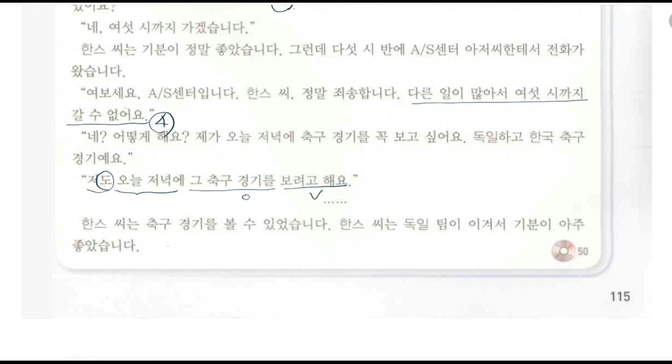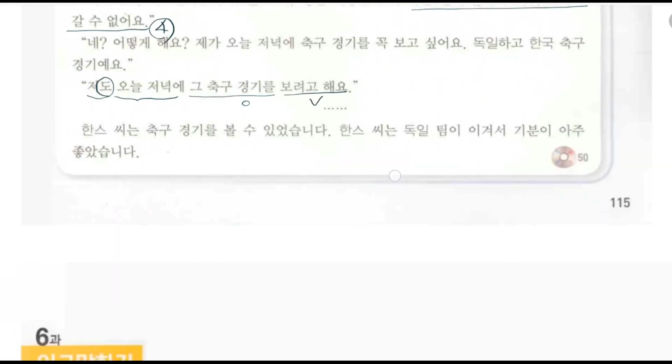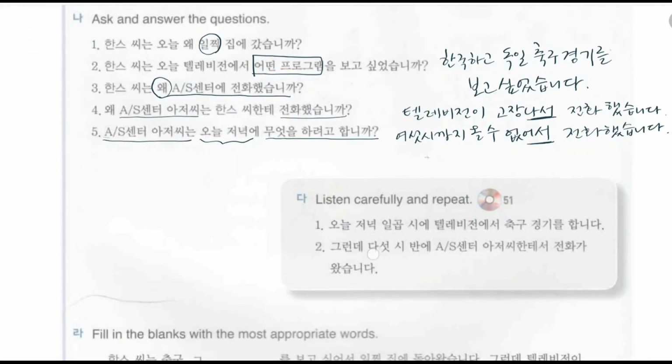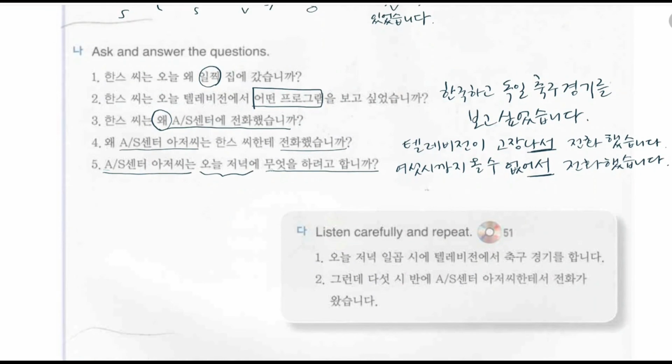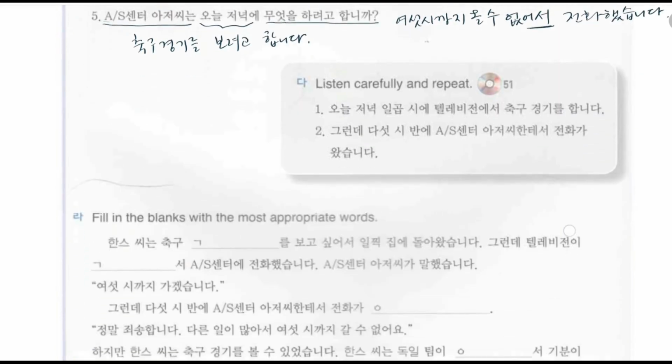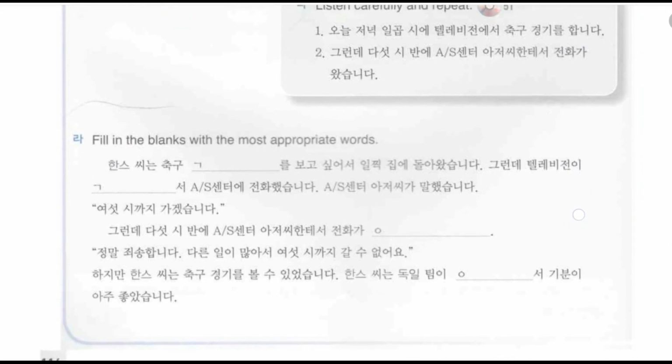I am also trying to watch the soccer game this evening, isn't it? 그래서 무엇을 하려고 합니까? What is he trying to do? 축구 경기를 보려고 합니다. Okay? Very good.